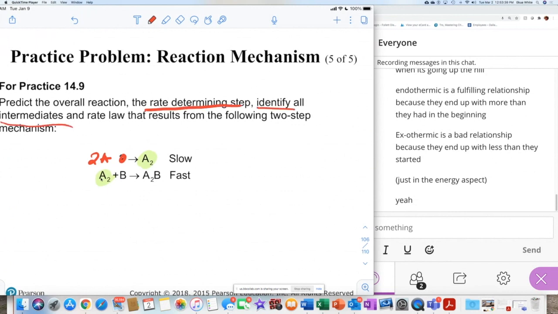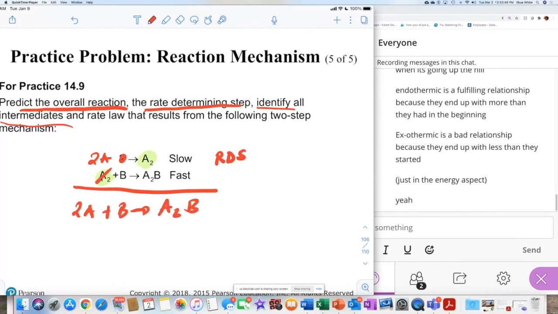Rate determining step is the slowest one, RDS. Predict overall reaction: add these two, 2A plus B to give you A2B, and cancel out the intermediates. And then the rate law that results from the following two-step mechanism.